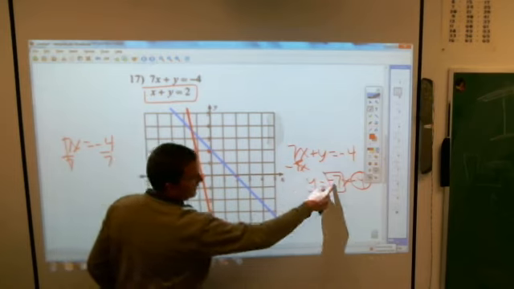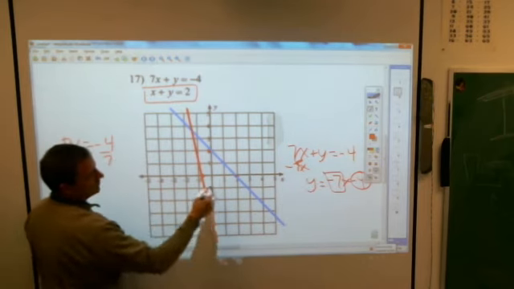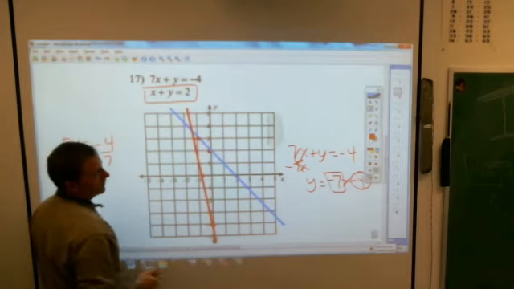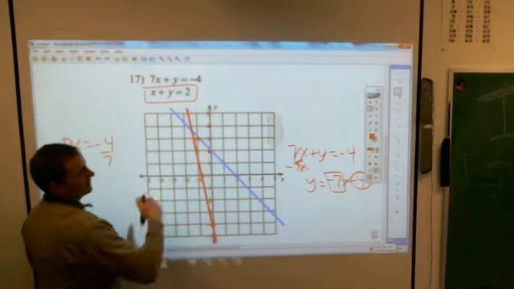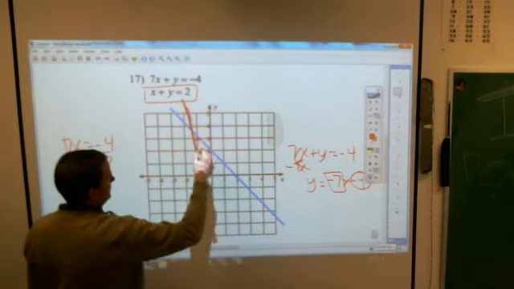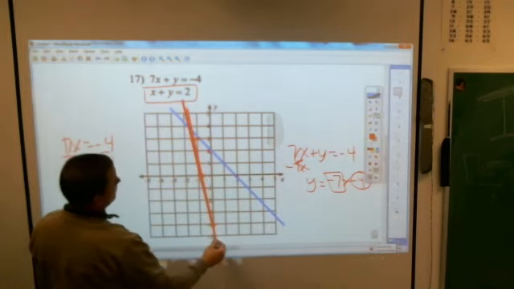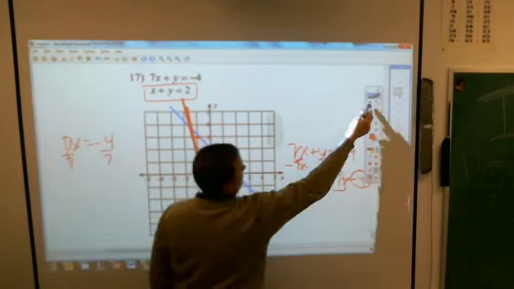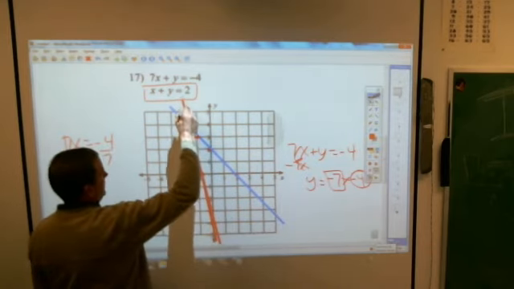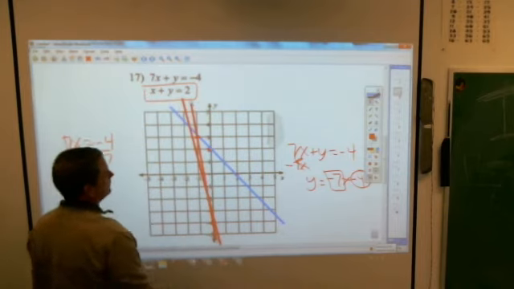You go down 7 over 1. 1, 2, 3, 4, 5, 6, 7 over 1, and look where that line actually falls. It actually falls right at that same point that you were given there. Now, whether that happens tomorrow on tomorrow's test, I don't know. And some of you probably crafted well enough to get that point or guess that point, I don't know. But you may want to consider putting it in a different form.